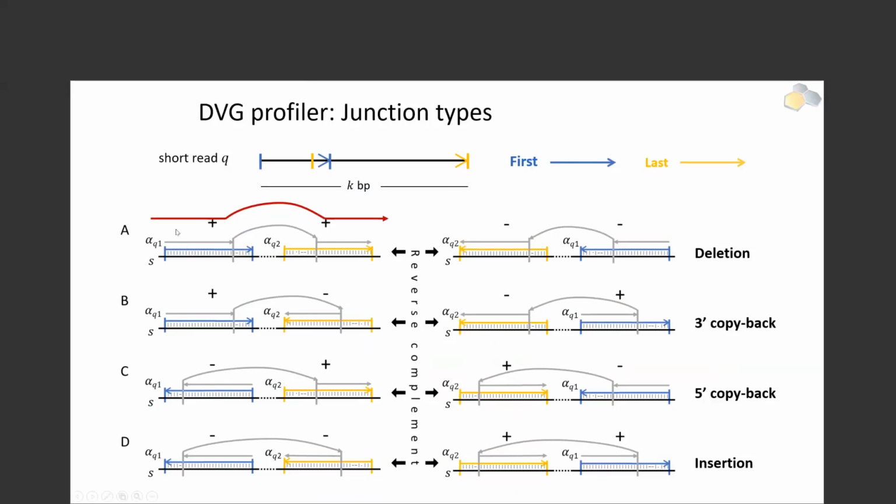In the case of a deletion, you have the blue section of the short read, which is the leftmost section, and then the last, rightmost section of the read.